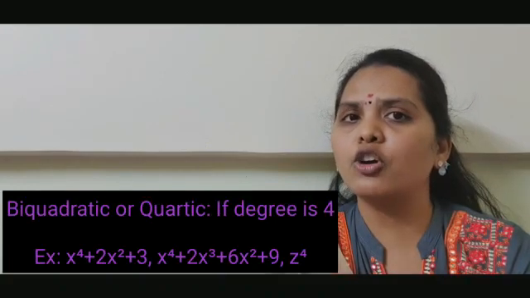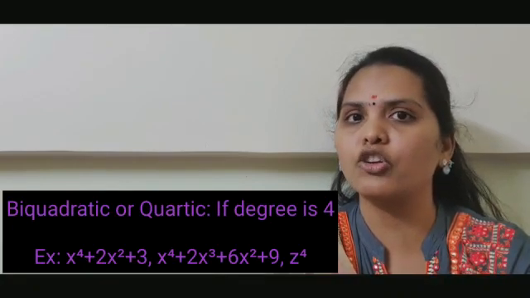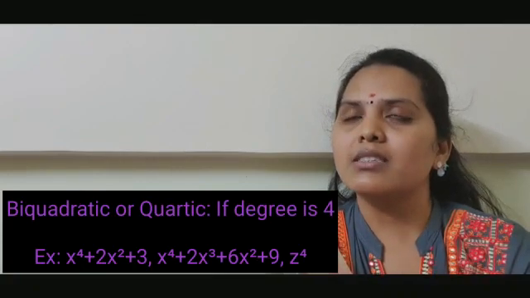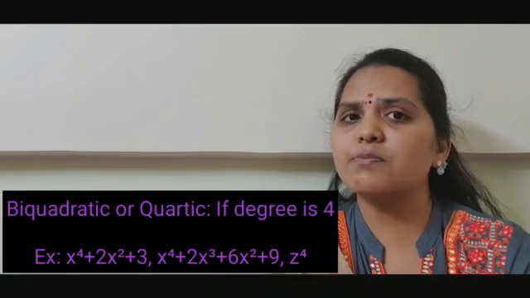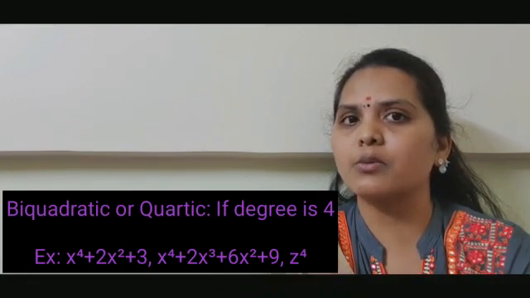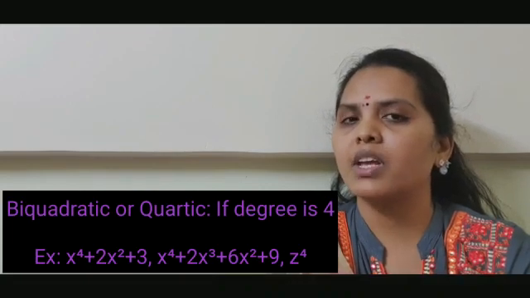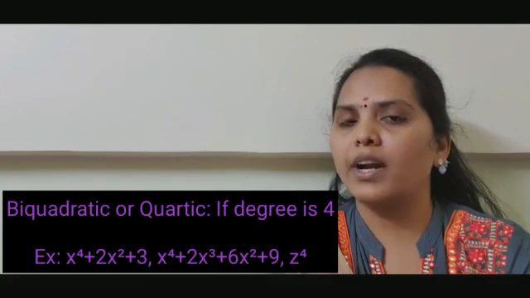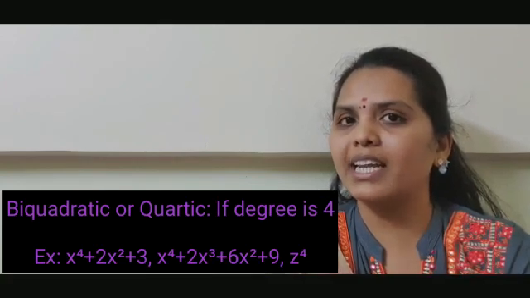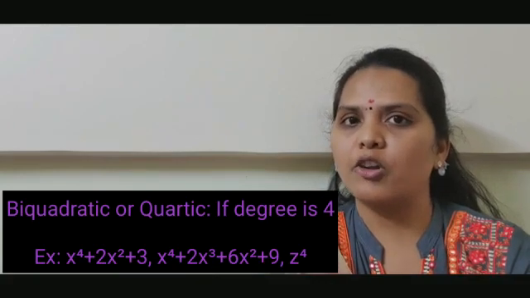If the degree of the polynomial is 4, we call it a quartic polynomial or biquadratic polynomial. Take the expression x power 4 plus 2x square plus 3. The degree of this complete expression is 4, so we call this polynomial a biquadratic polynomial or quartic polynomial. So this is about the types of polynomials.